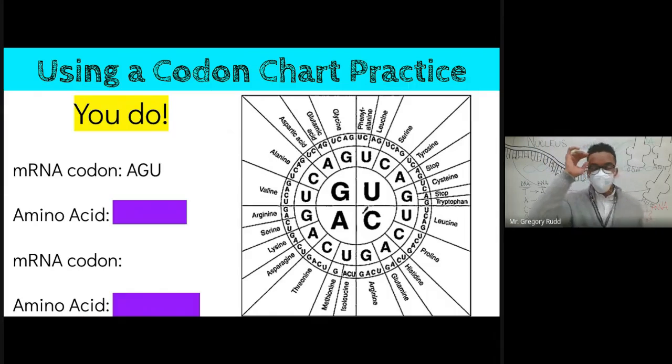All right, let's try one with this chart. And maybe Ayana or Ardeja, one of you can walk me through this. So we've got AGU. Good.